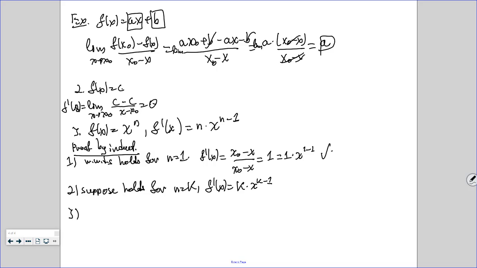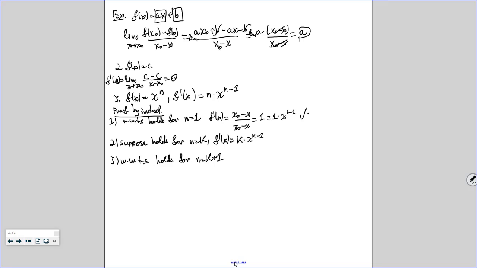And in step 3, we want to show that it holds for n equal to k plus 1. Now we can use the product rule here, and we have that x^(k+1) is equal to x^k times x.